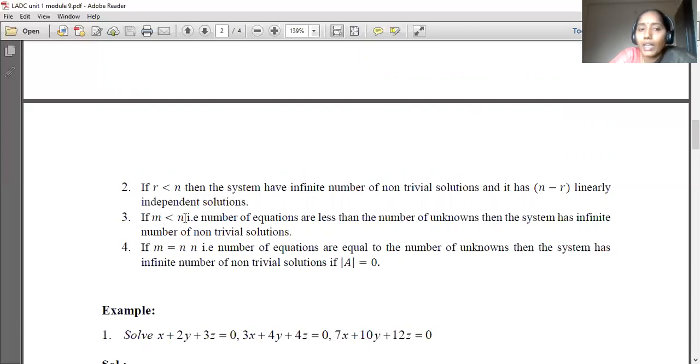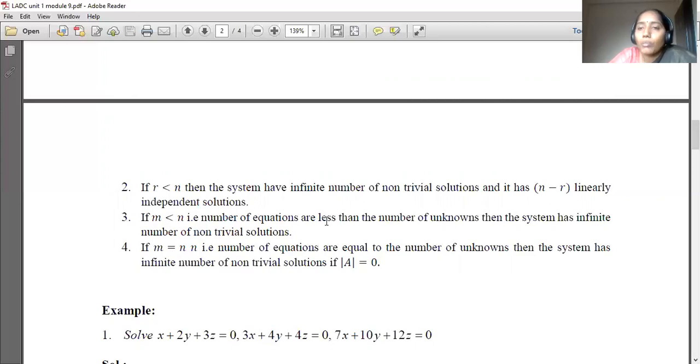If m is less than n, that means the number of equations is less than the number of unknowns, then the system always has an infinite number of non-trivial solutions. If m equals n, then it depends on the determinant. If both are equal, then the system has infinitely many non-trivial solutions if det A is equal to 0.